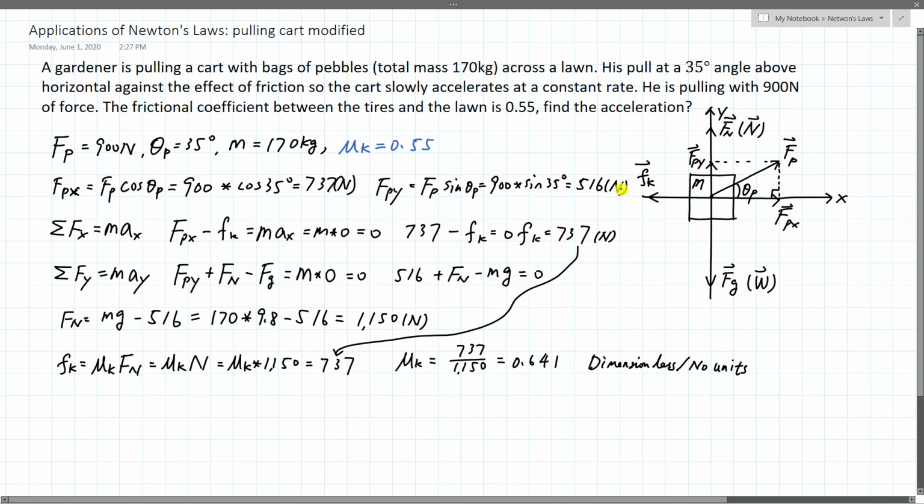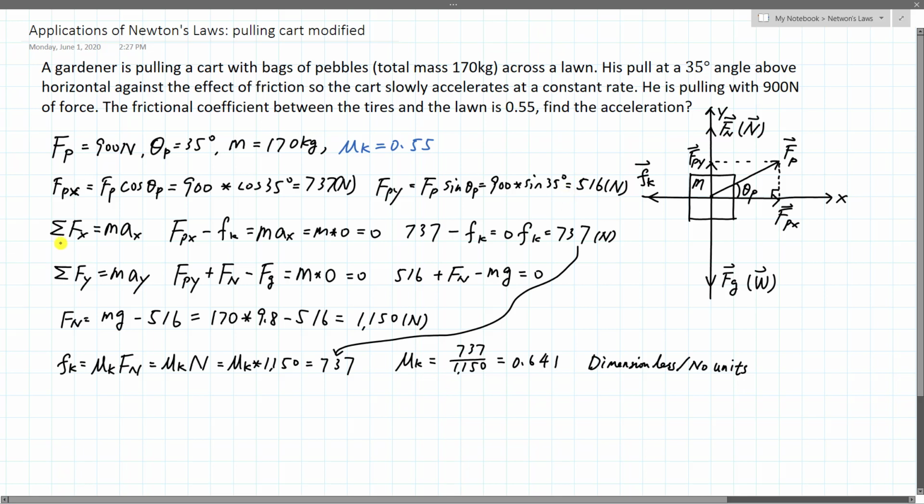So this diagram does not need to change because we have the same four forces: a pull, an angled force, friction, normal force, and gravity. This can just stay intact, because the same force and same angle applied result in the same x component and the same y component as before the modification.